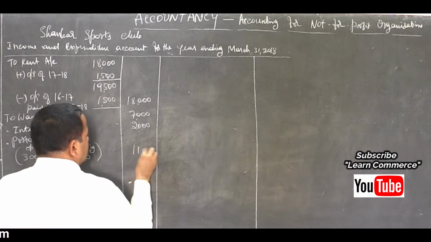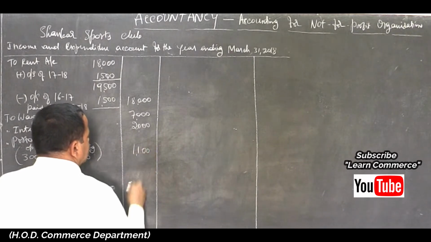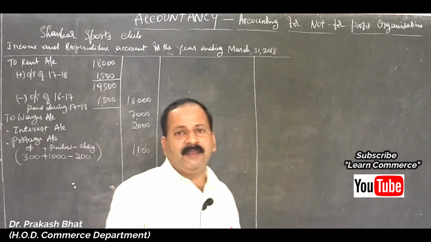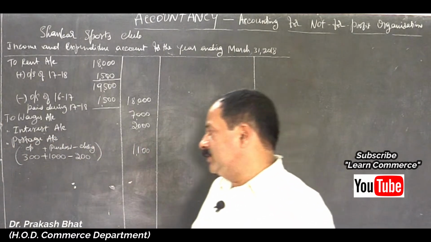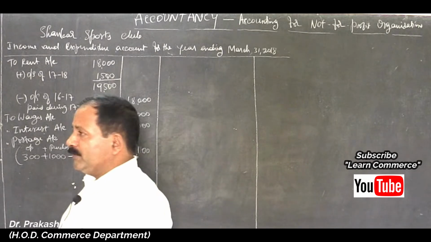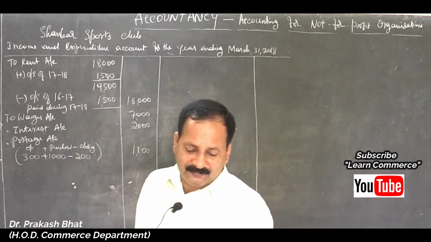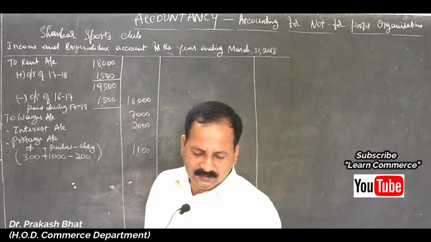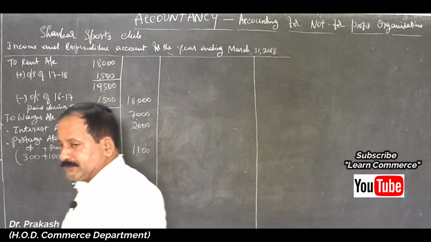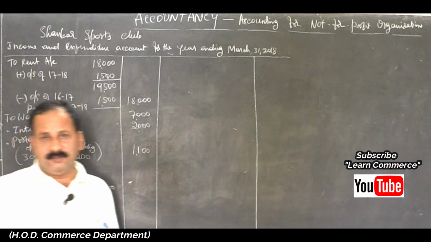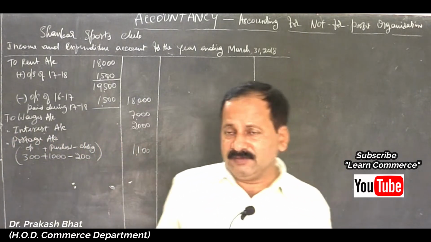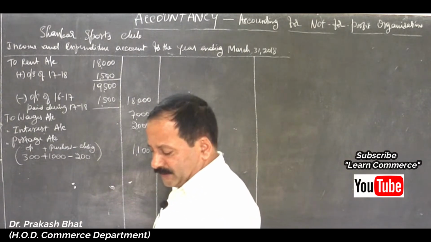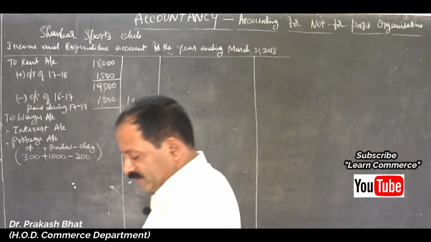You can show this by preparing a separate working note, okay? Postage expenses during the year: opening stock of postage stamps, add purchase during the year minus closing stock. The difference should be debited to income and expenditure account as postage expenses.